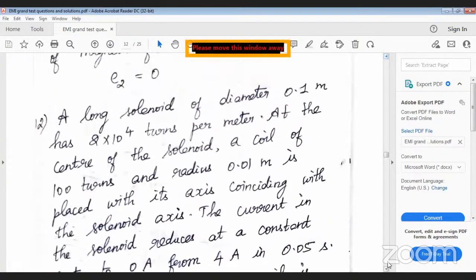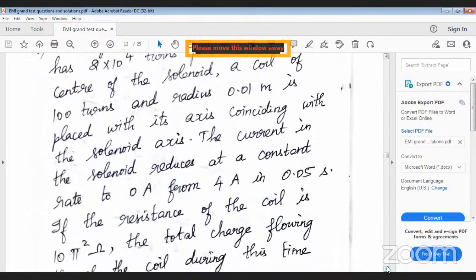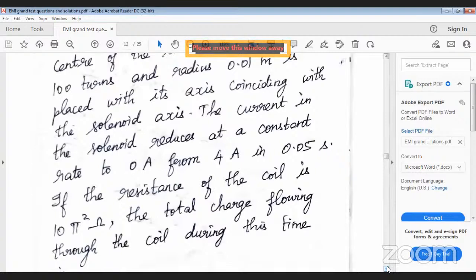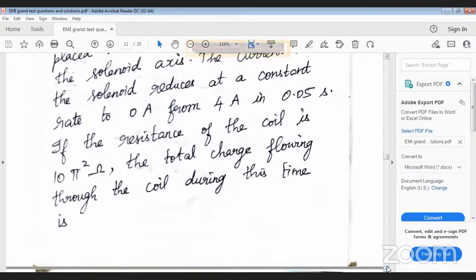At the center of the solenoid, you are having another coil of 100 turns and radius 0.01 meter. The current in the solenoid is reducing at a constant rate to 0 ampere from 4 ampere in 0.05 seconds. The resistance of the coil is 10 pi squared ohm. The total charge flowing through the coil during this time is.